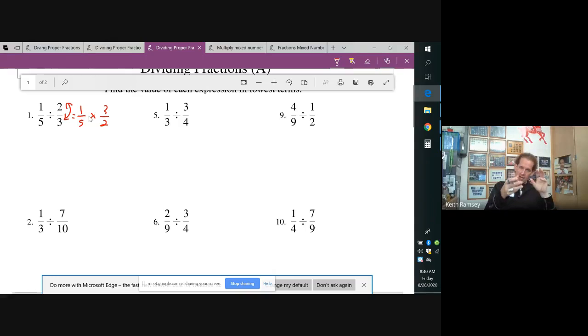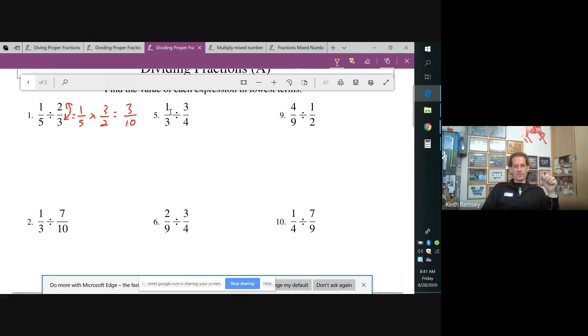So if I'm going to do the opposite of this division equation, I have to do the opposite of 2/3. I have to flip it, but I also have to do the opposite of division, and that's multiplication. So once I get to this step, then I can just multiply the top times the top is 3. The bottom times the bottom, 5 times 2 is 10.